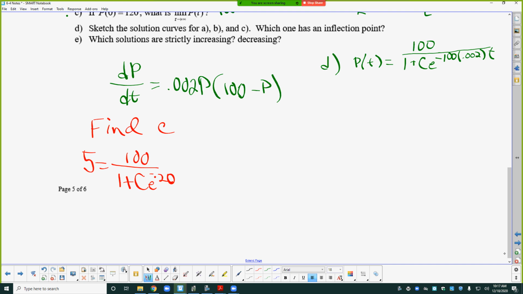So if I substitute 0.5 in, the exponent becomes 0. Cross multiply if you must.